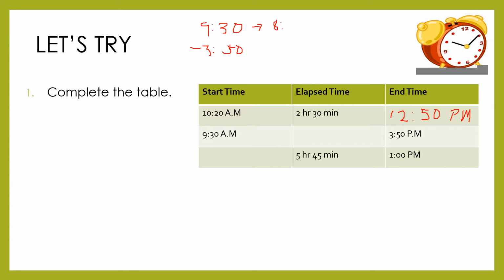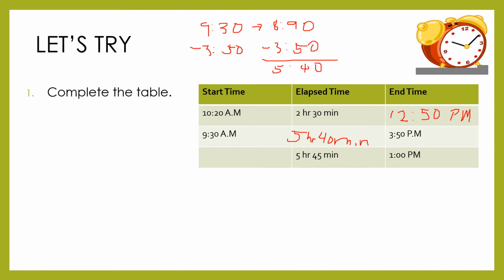So, 60 plus 30 is 90. So, 90 minus 30. So, you have 0, 4, then 5. So, that means your elapsed time is 5 hours and 40 minutes. So, that's the time you spent in your task.